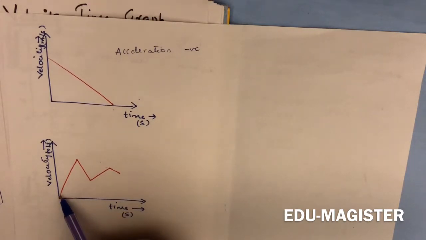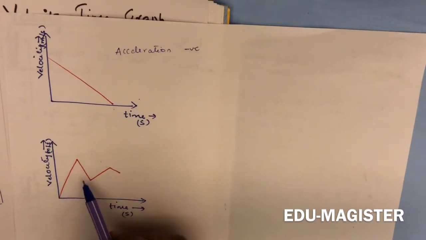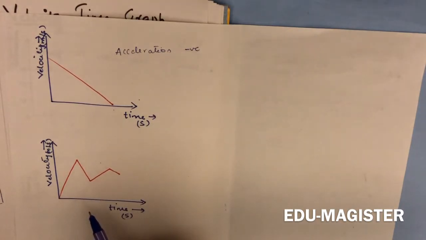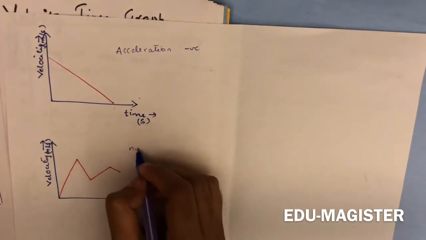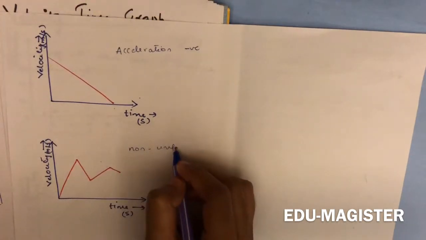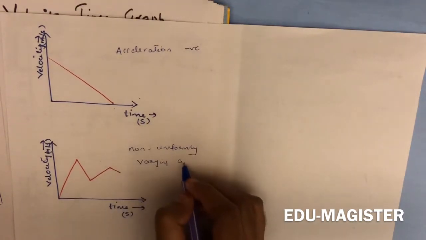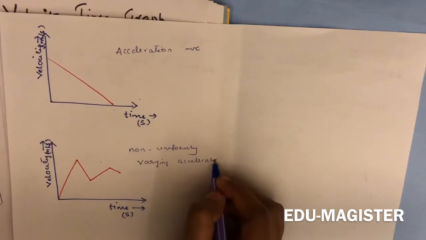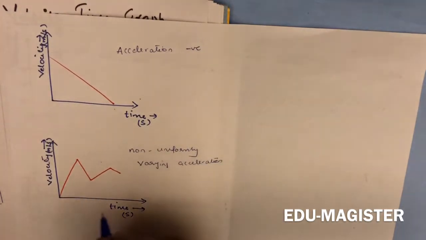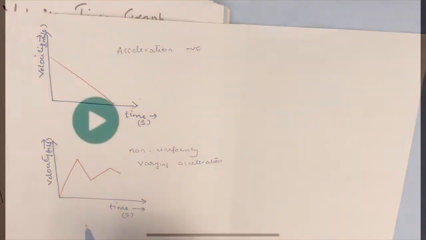In some portions there is an increase in velocity, that is, a positive acceleration, and in some portions it is negative acceleration. So this graph represents non-uniformly varying acceleration, or you can also say that this is non-uniformly varying velocity.